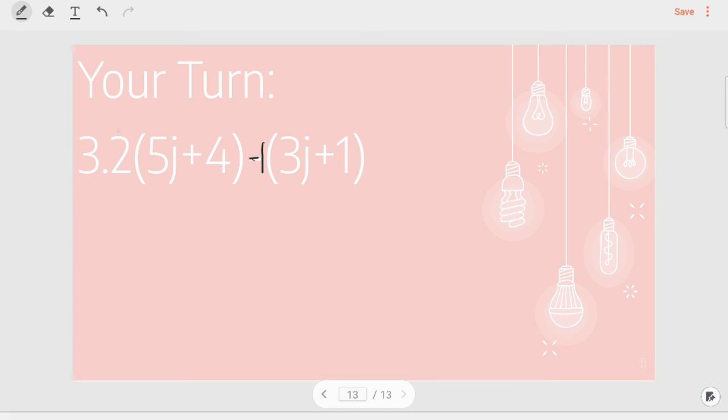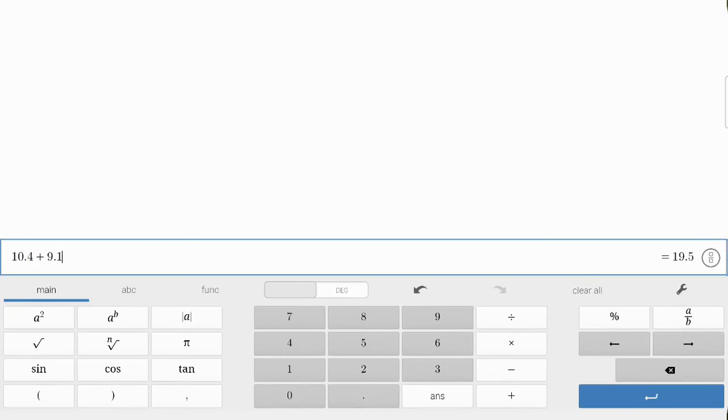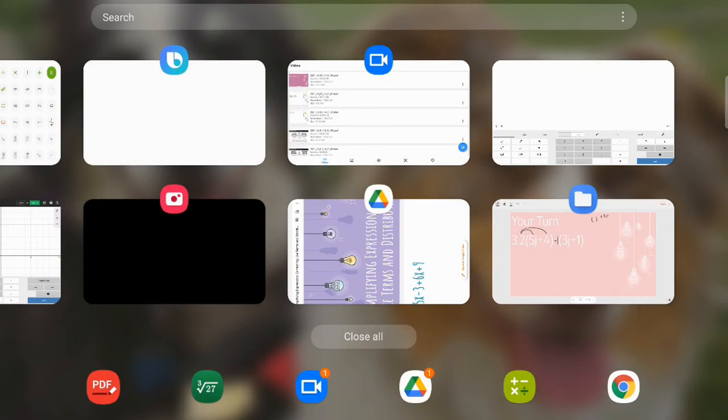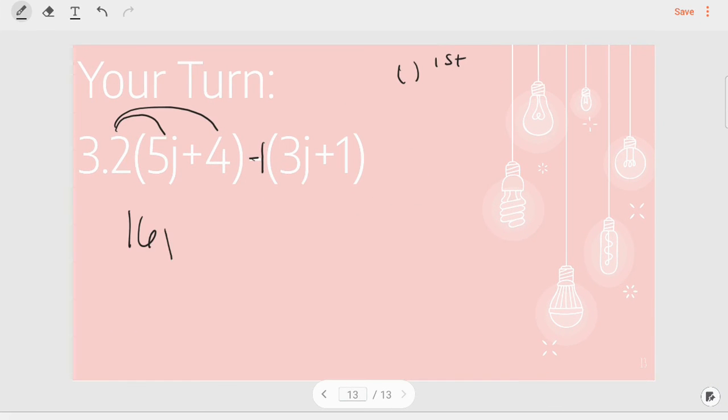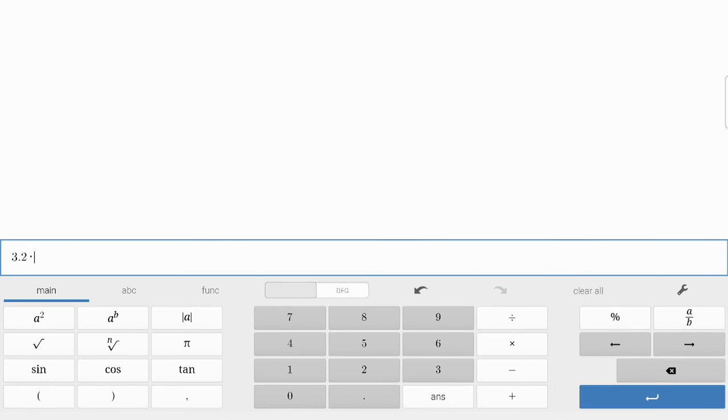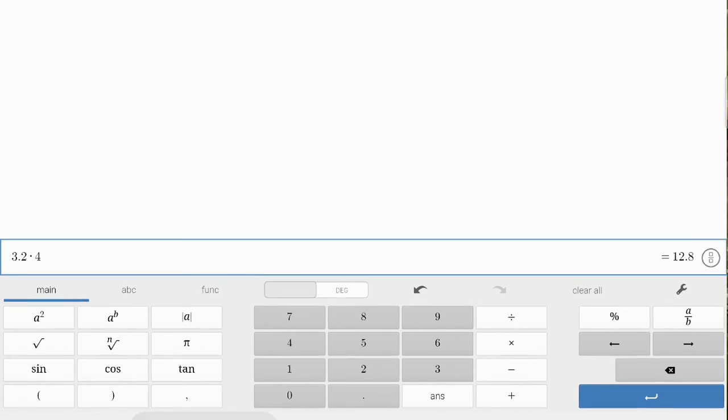All right, let's go ahead and multiply. So I'm going to get rid of parentheses. Always get rid of those first. So 3.2 times 5 is 16. So 16j. 3.2 times 4 is 12.8.